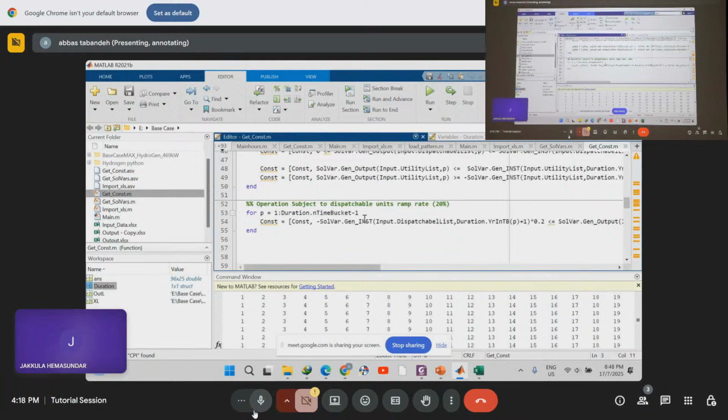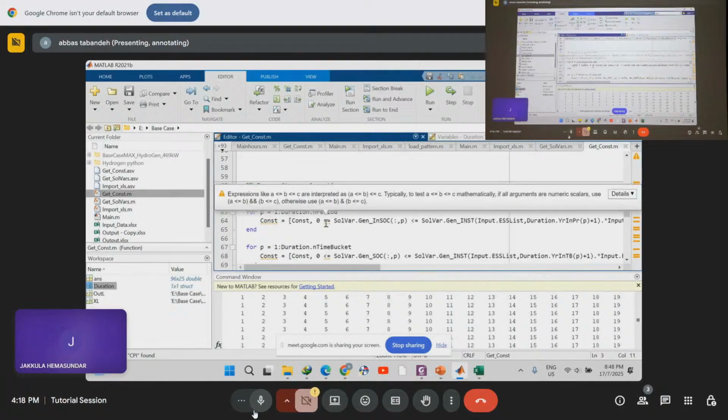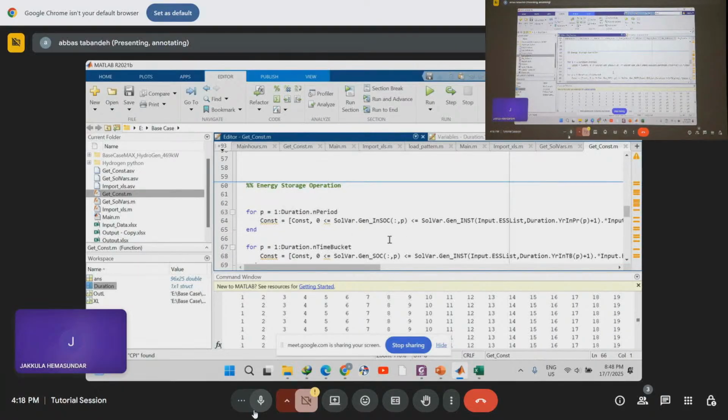Or we have considered the ramp-up rate for dispatchable technologies. And here we have the model of the energy storage system constraints, initial SOC, which should be between the minimum SOC that we have considered 0, as well as the maximum capacity that we have modeled in this problem.